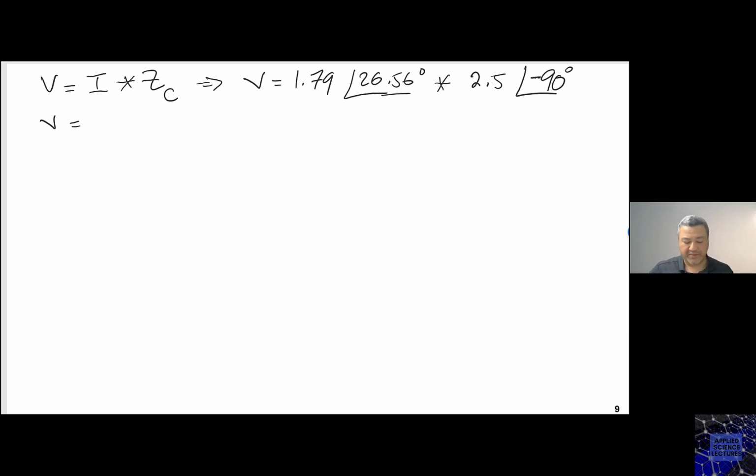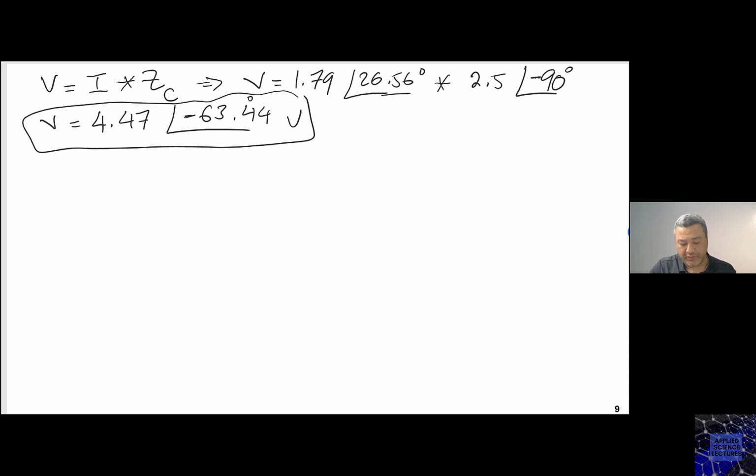So in this case, you have 1.79 times 2.5 as 4.47, and the angle would be minus 63.44 degrees volts. Now this is in phasor representation.